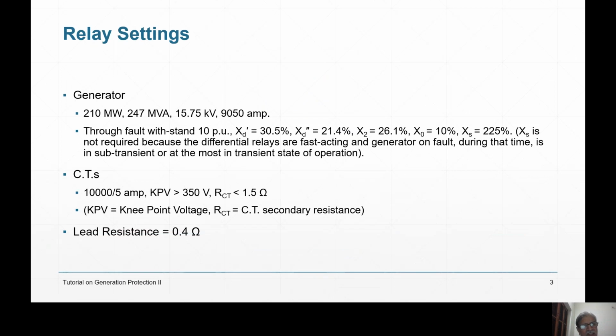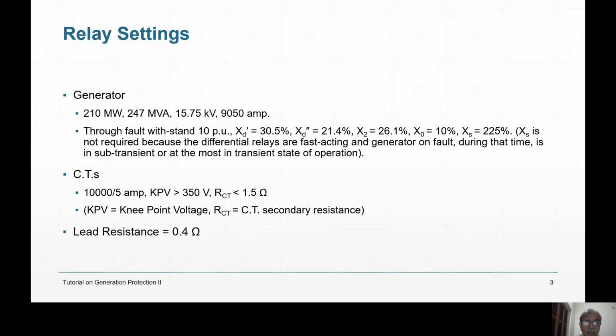So we take an example of 210 megawatt. It comes to 247 MVA, if I consider 0.85 power factor, a design power factor. 15.75 kV is the generator voltage, and 9050 ampere is the full load current.